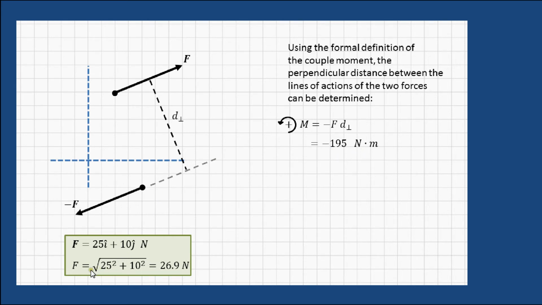So down here we are using the square root of the sum of the squares to determine that the magnitude of the force is 26.9 newtons, and that allows us to calculate that the perpendicular distance between the two forces is a total distance of 7.24 meters.